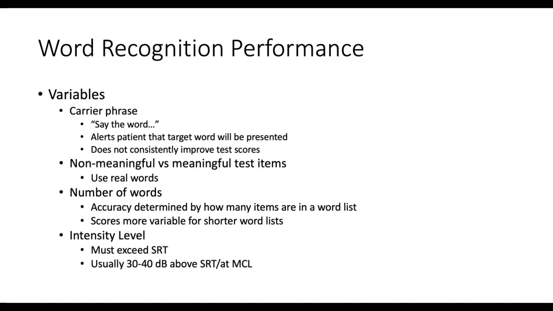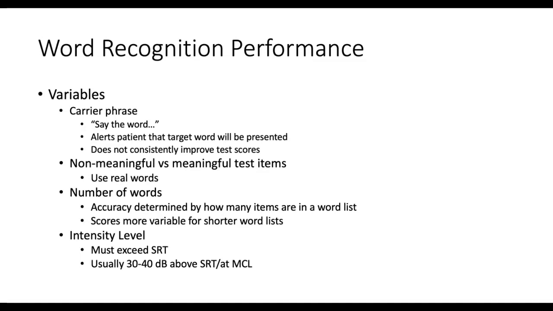Most oftentimes we use meaningful words. There are times where you might want to use meaningless, non-meaningful words, like what do we call those? Nonsense words. But in a comprehensive audiological evaluation, we use meaningful words. We use about 25 words. There are 50 words in a list, and we typically use 25.